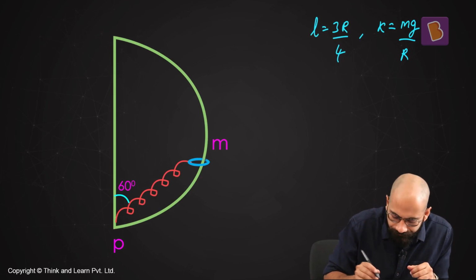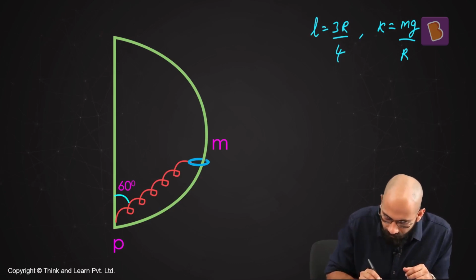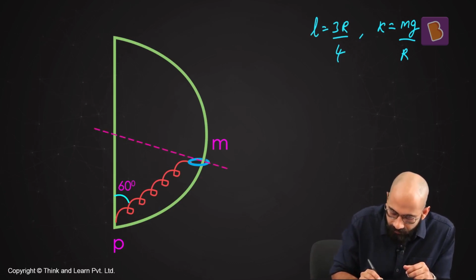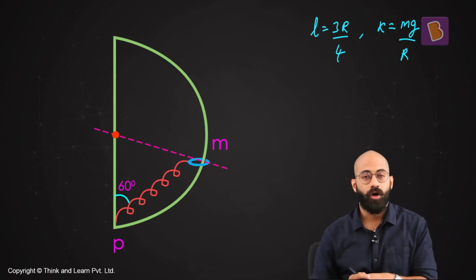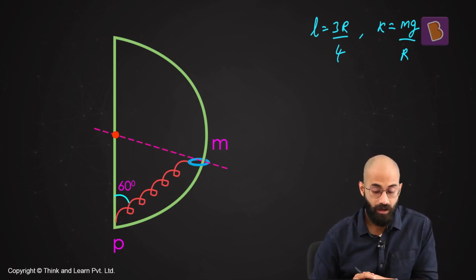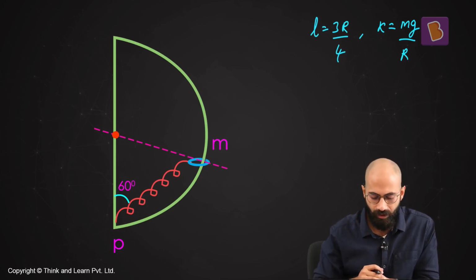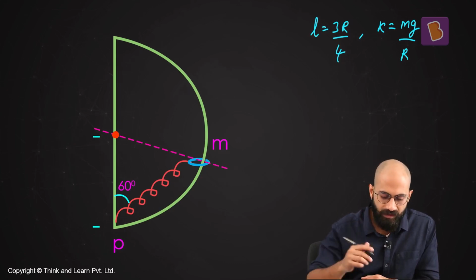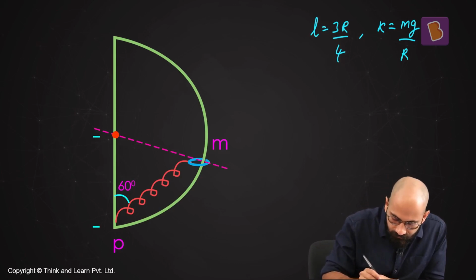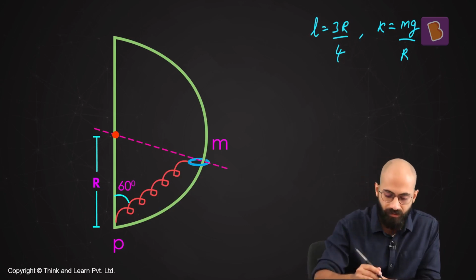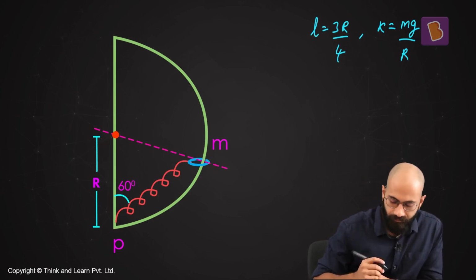Simple. Let's draw a line like this from the center of this semicircular wire track. Now what do we know? We know that this length from here to here is going to be r, because it's given to us. That's the radius of this track, right?